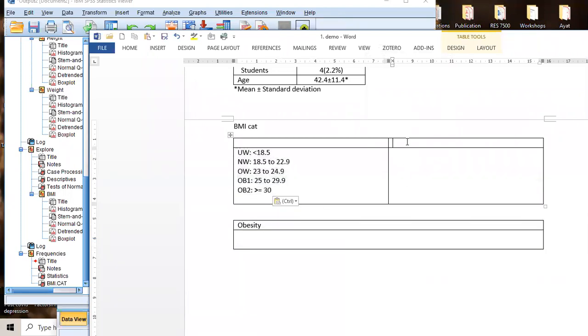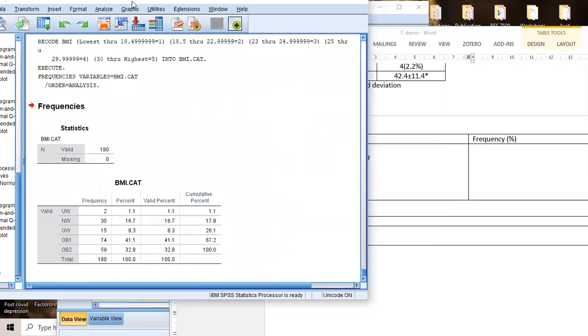And here, frequency and percentages. All right, so fill it up.